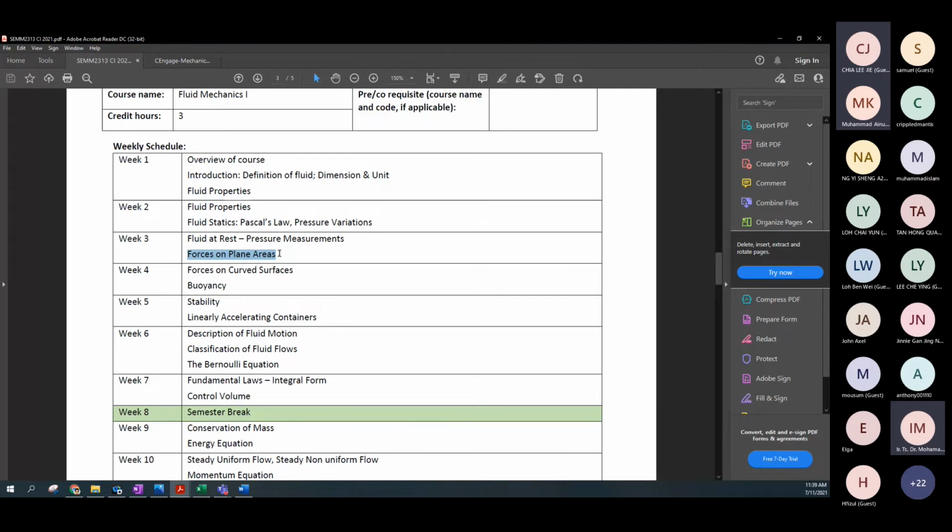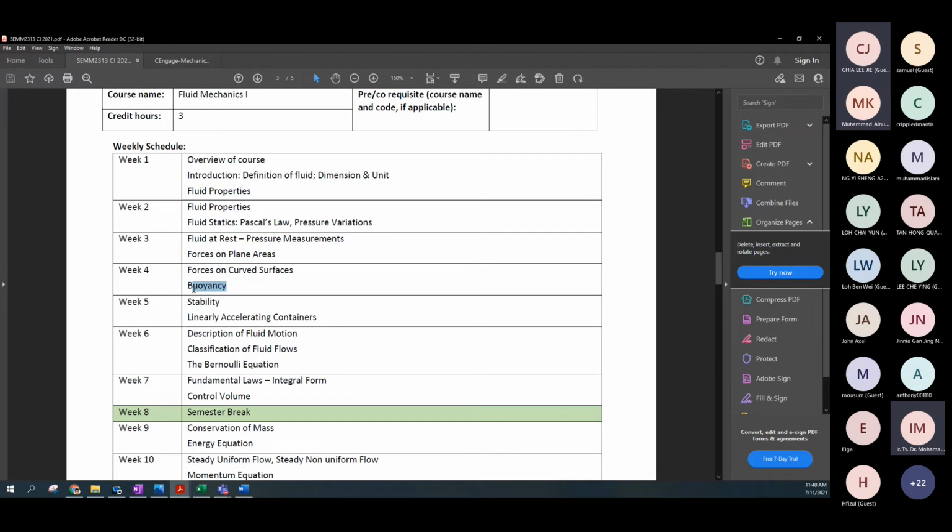And then we learned about the curved body, the curved surface. You must separate it into X and Y directions. To calculate the horizontal force, use the plane area equation, F equals gamma Hc A. To calculate the vertical force, it is simply the weight of the volume of the body.